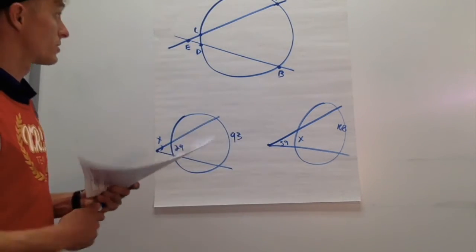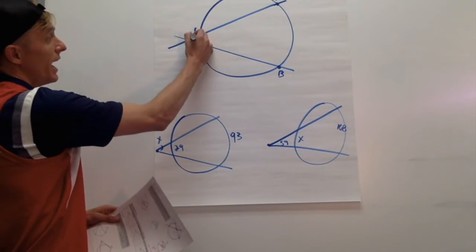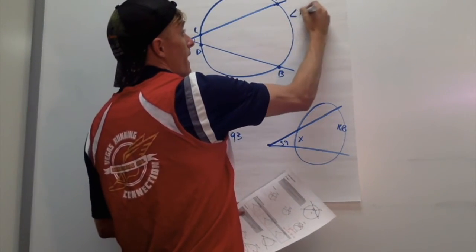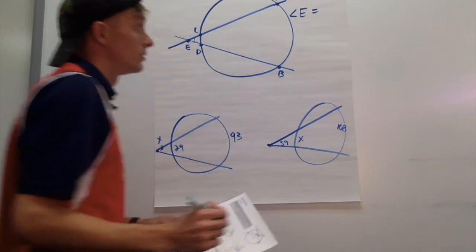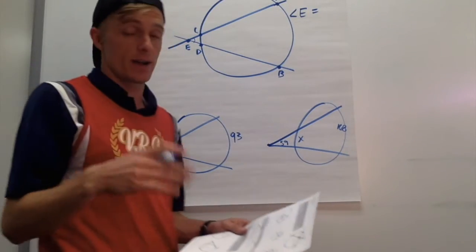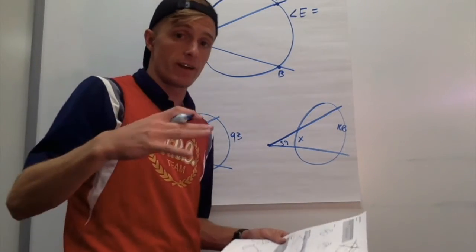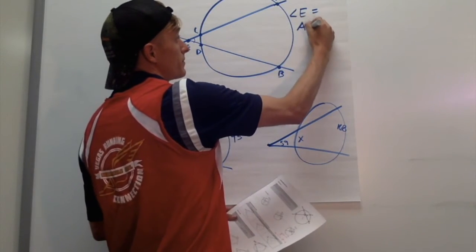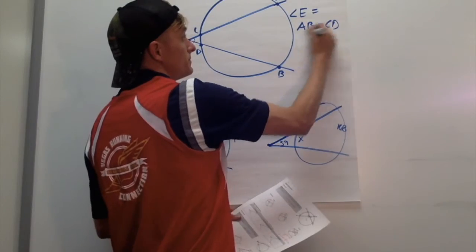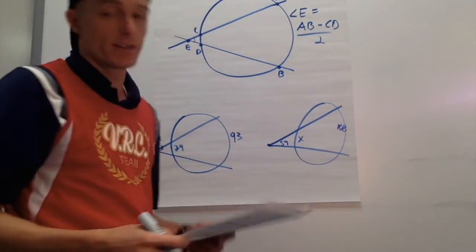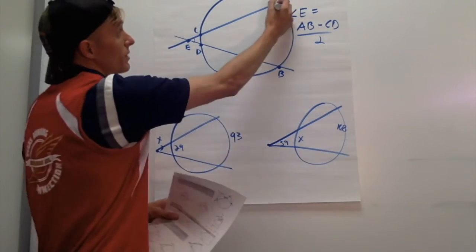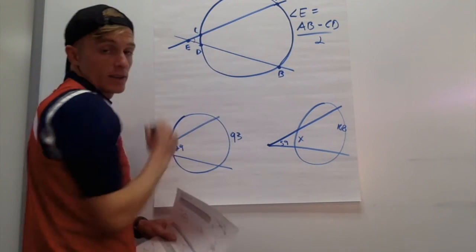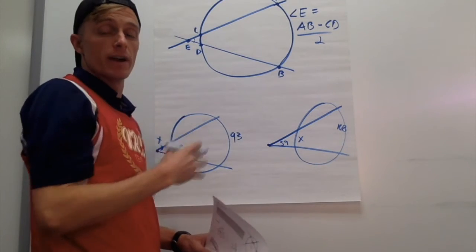Essentially, angle E is equal to the difference divided by 2. So we would take AB minus CD and divide that by 2. You take this arc length right here minus that arc length right there, the smaller one, and you divide it by 2.